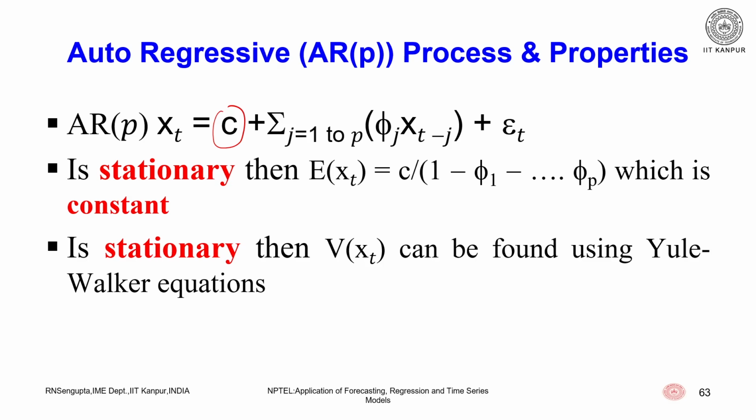If it is stationary, in that case the expected value is given by the term c divided by 1 minus the summation of all these parameters from phi 1 to phi p, and this is constant. So, considering c is a constant, and phi 1 to phi p have been found out, you can say the expected value is also constant and it is a stationary process. If in a stationary process we need to find out the variance, you can use the Yule-Walker equations.